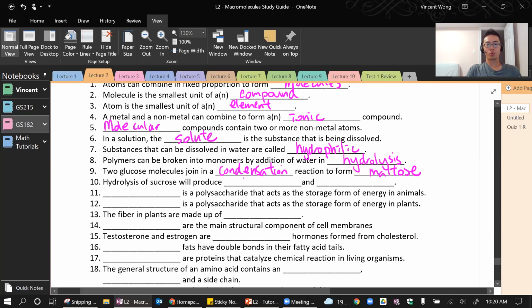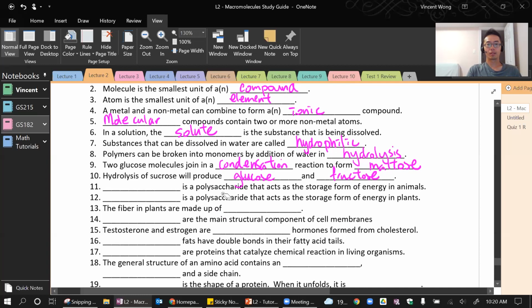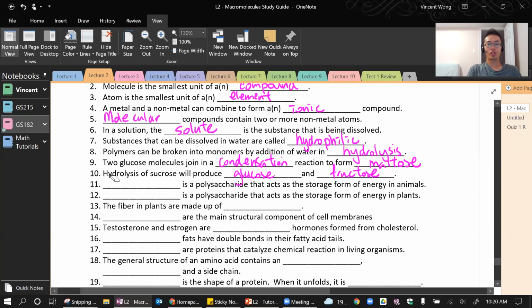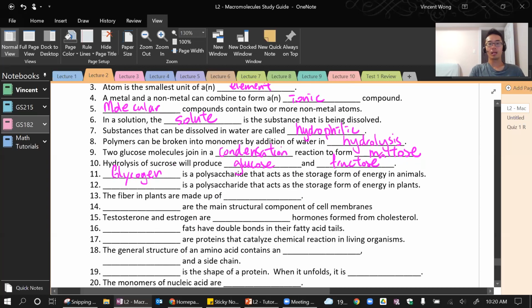Hydrolysis of sucrose will produce glucose and fructose. The storage form of energy in animals is glycogen, in liver and muscle. For plants, it is starch. Think potatoes.